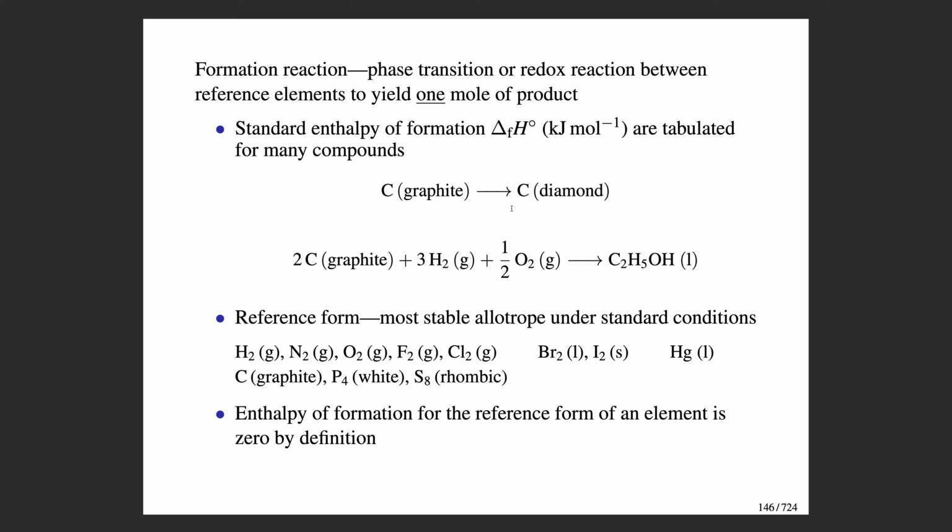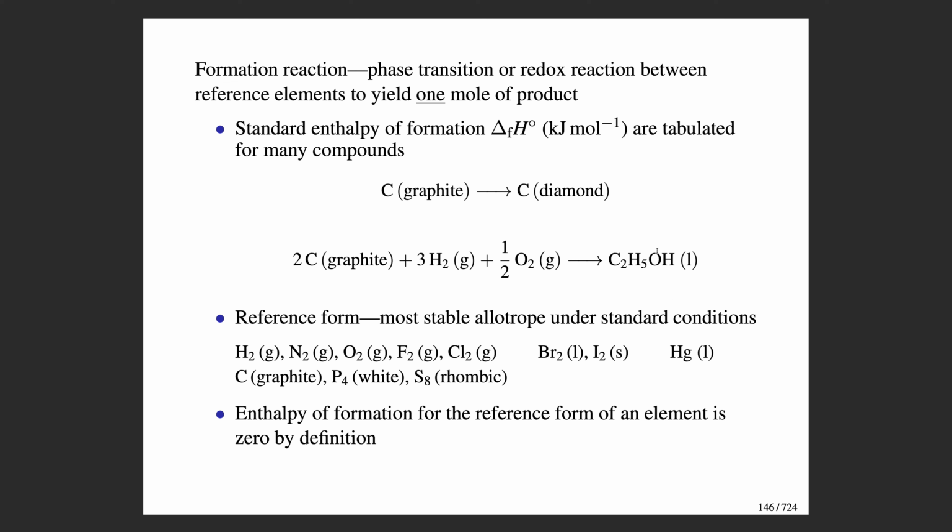Carbon comes in different allotropes, and the reference form of carbon for standard state conditions is graphite. So carbon diamond is formed from carbon graphite according to this reaction here. Okay, so this is an example of a phase transition that is a formation reaction.